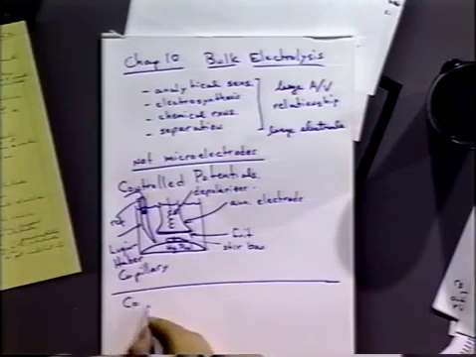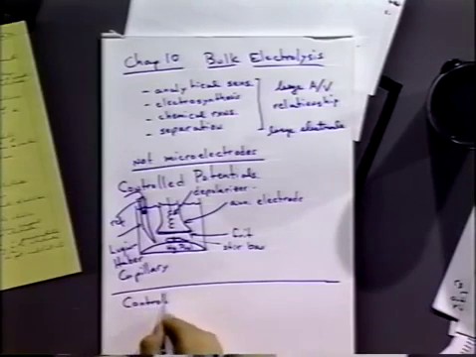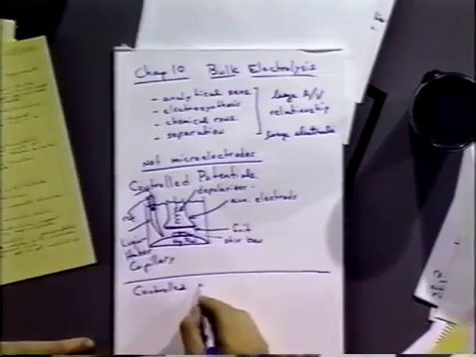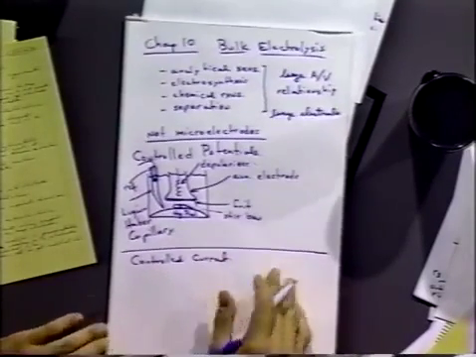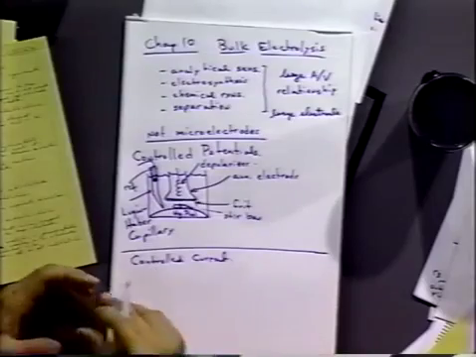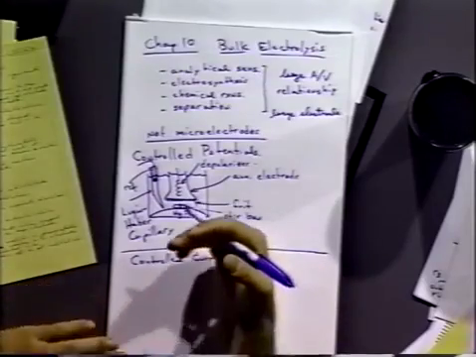The other important different type of experiment is so-called controlled current methods, as we talked about. The idea here is rather than trying to control the potential, let's just go ahead and put current through the system at a controlled rate.